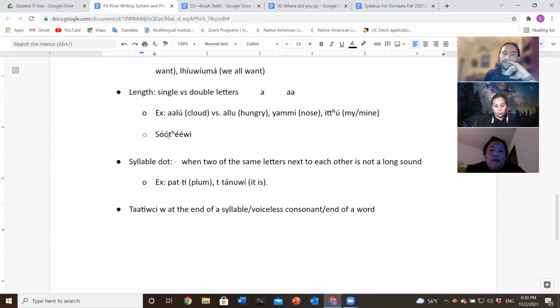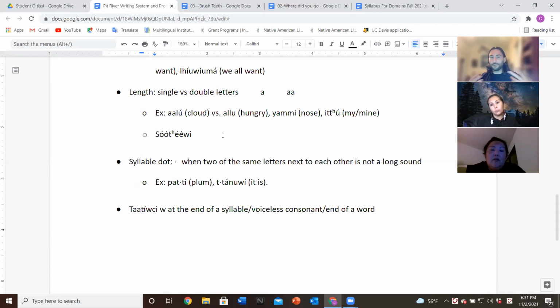Sohtewi. But basically, it's almost like you're adding an H in there instead. Sohtewi. But just a very light H. And that's at least how the downriver dialect sounds.